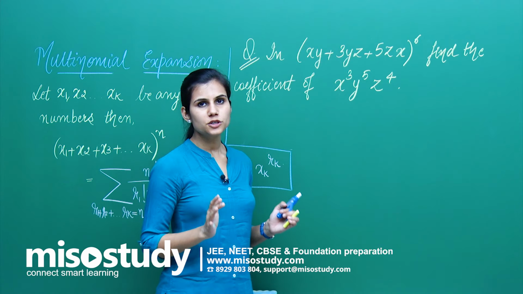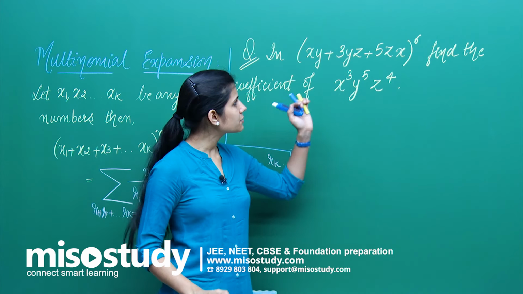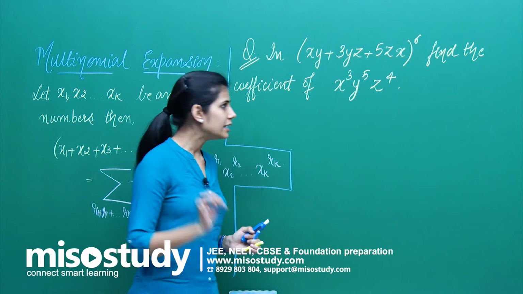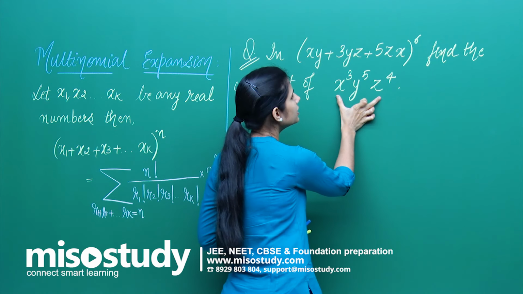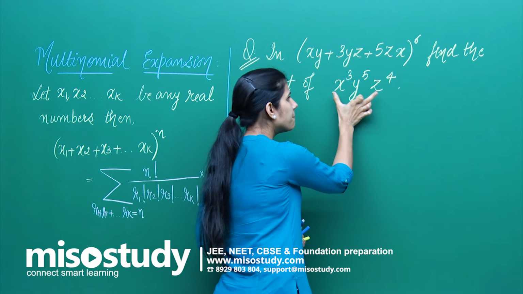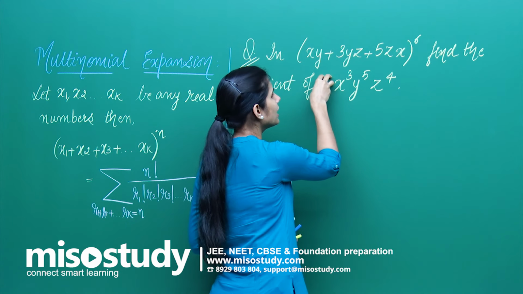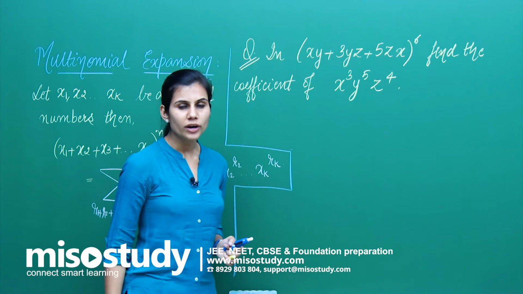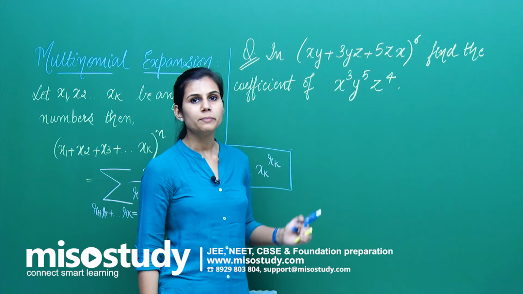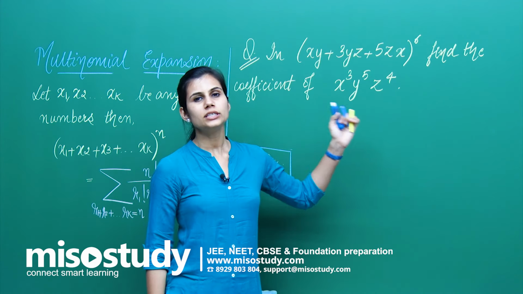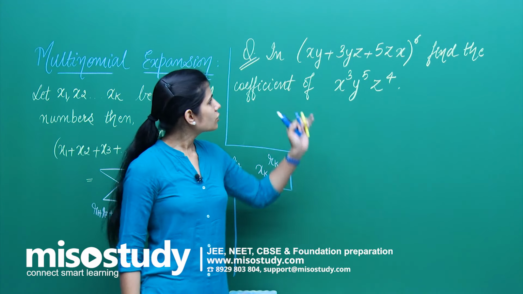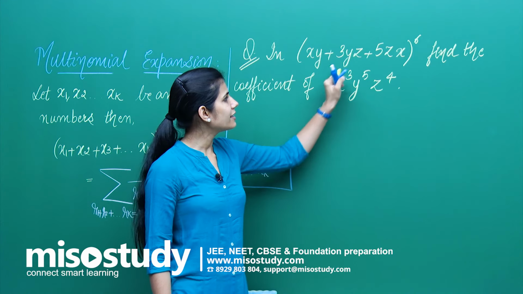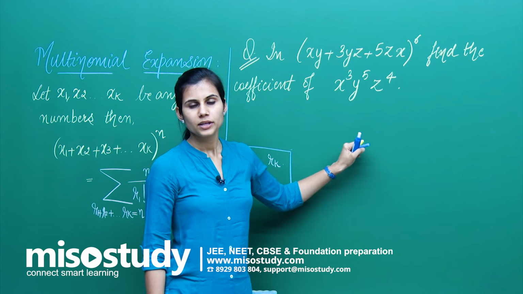You have to first of all find a term in this multinomial expansion which contains this particular expression. Apart from this expression, whatever comes in the adjoining of this particular expression will be its respective coefficient in this multinomial expansion. So in this multinomial expansion I have to find the coefficient of this.